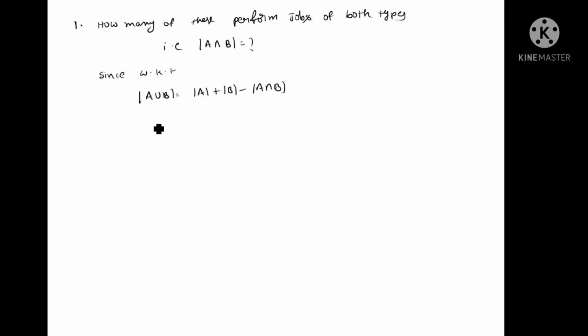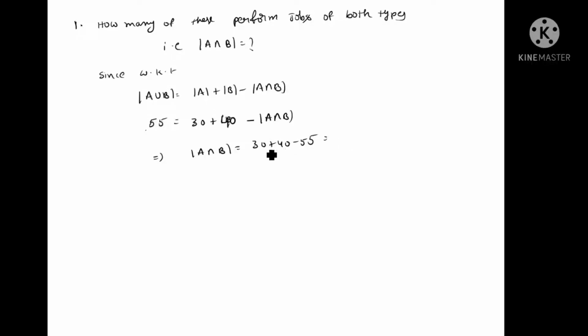What is mod A union B? 55 equals mod A 30 plus mod B 40 minus mod A intersection B. So mod A intersection B equals 30 plus 40 minus 55.